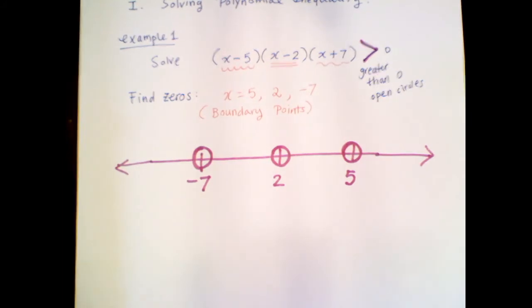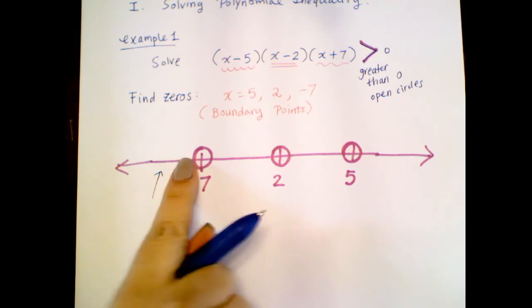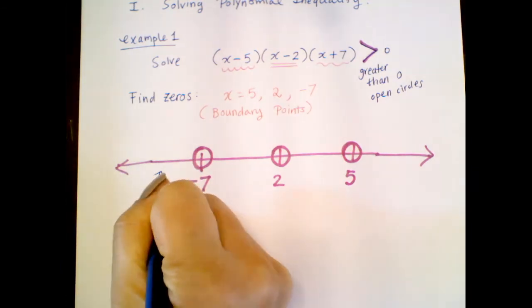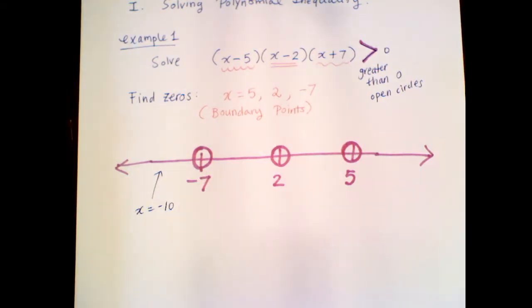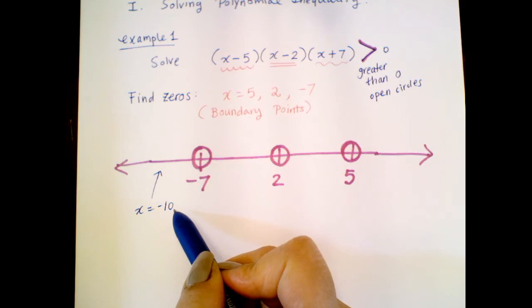So give me a number that's in this region. So anything smaller than negative 7. I'll pick a number like negative 10. Why not? You could have picked negative 11, negative 8. Anything smaller than negative 7 will work. I just picked a random number, negative 10.